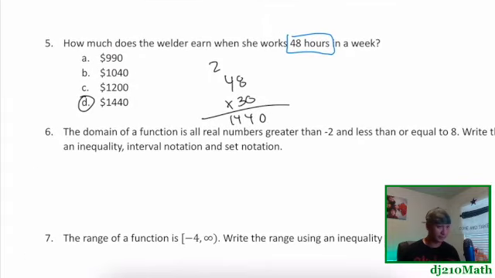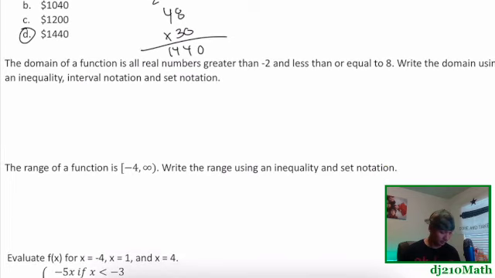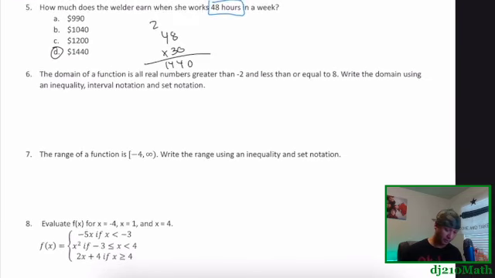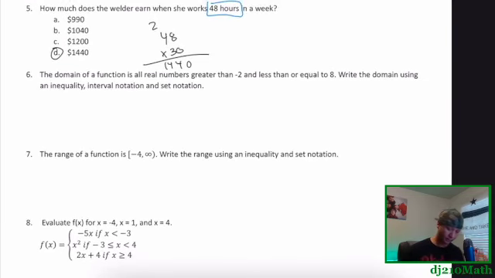All right, number 6. The domain of a function is all real numbers greater than -2 and less than or equal to 8. So we want greater than -2 and less than or equal to 8.